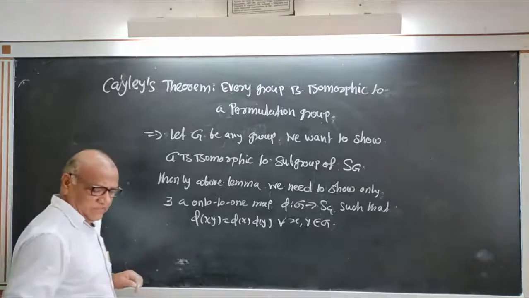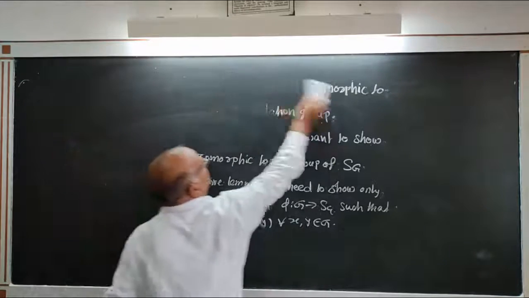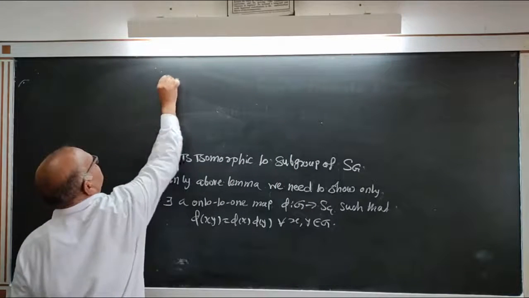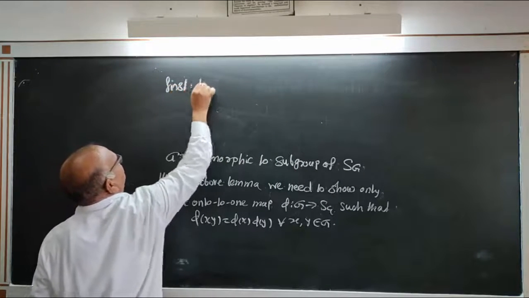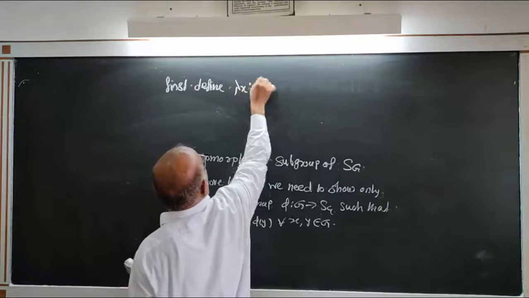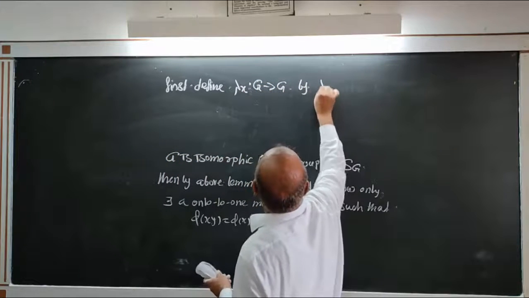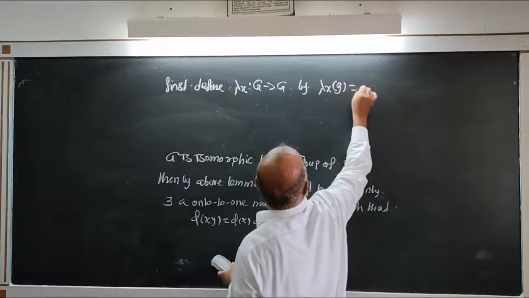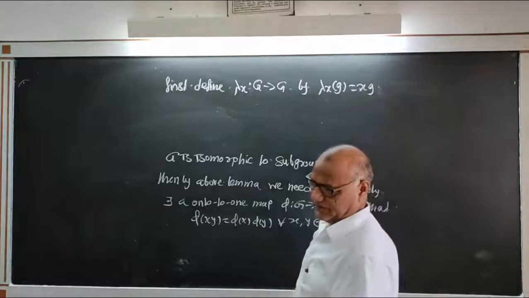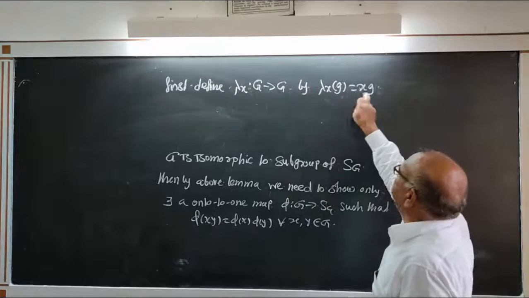Now, first define lambda_x from G to G by lambda_x of g is equal to xg.